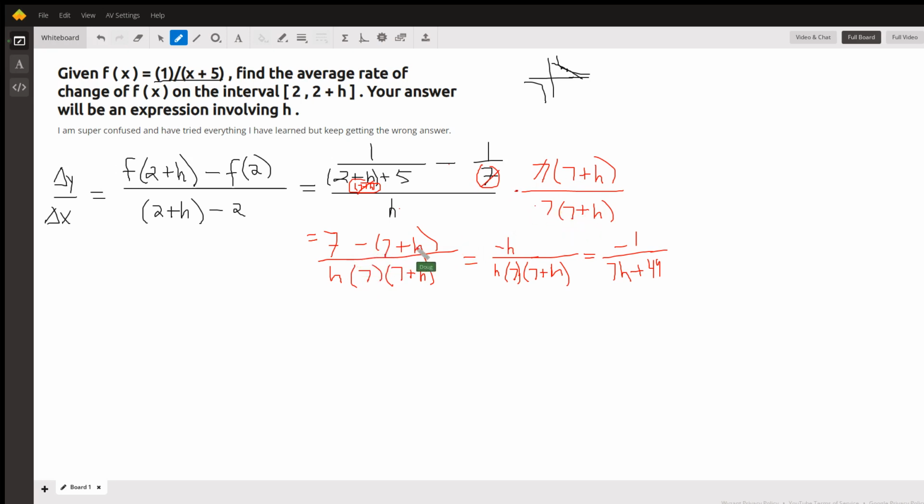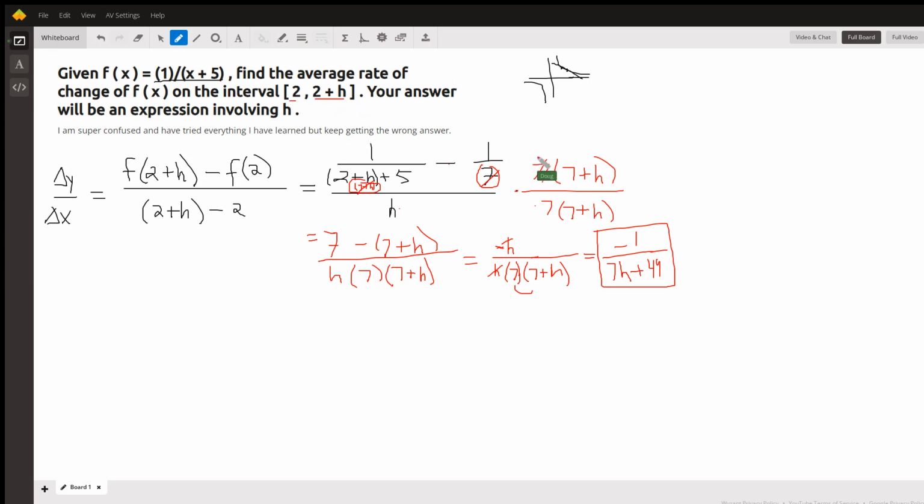When I remove these parentheses, you get minus h. And these h's cancel out. So we get minus 1 over, and if you go ahead and distribute that, 7h plus 49. Okay, that's an expression for the average rate of change as x changes from 2 to 2 plus h.